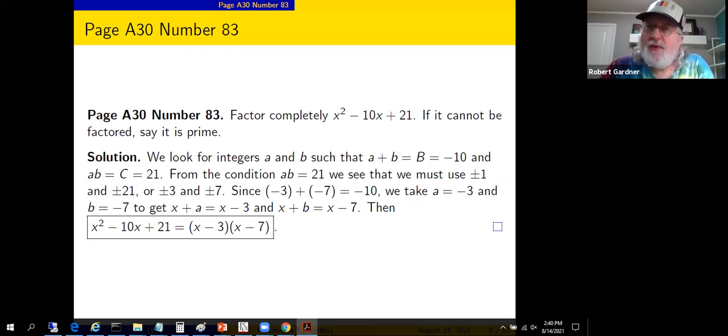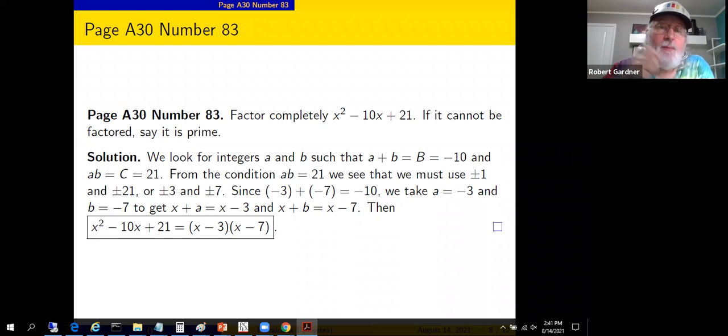There's only a small number of ways you can write 21 as a product of integers. You could use 1 and 21, or negative 1 and negative 21. You could use 3 and 7, or negative 3 and negative 7. So counting signs, there's 4 possibilities: 1 and 21, negative 1 and negative 21, 3 and 7, negative 3 and negative 7.